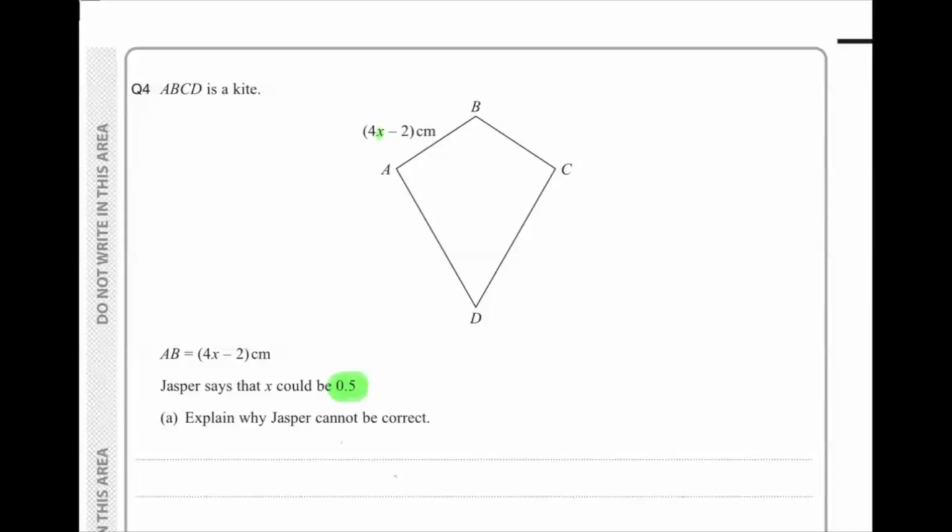So we're going to do 4 times 0.5 take away 2. 4 times 0.5 is 2. 2 take 2 is 0. It mathematically cannot be 0.5 because you cannot have a 0 length. So words to that effect are going to get you that mark. Okay.